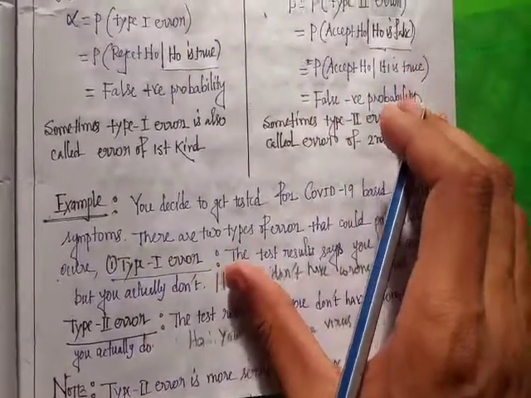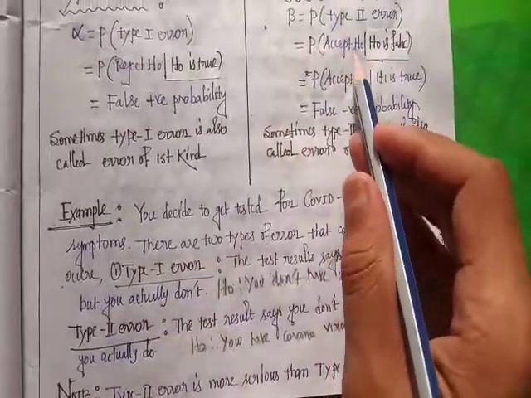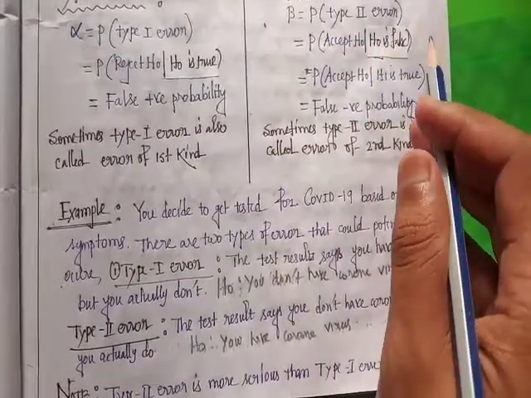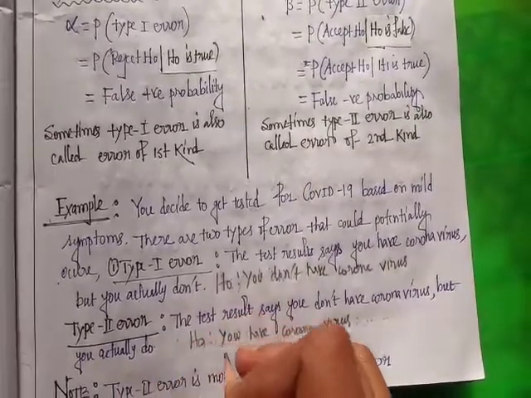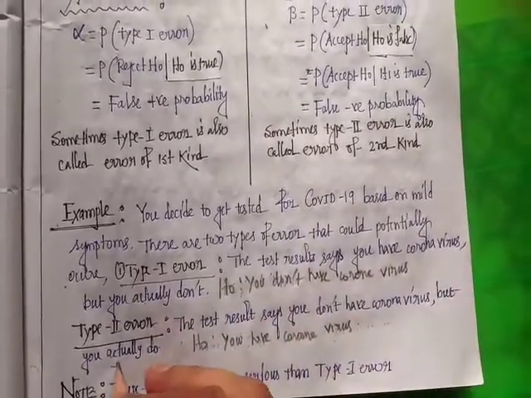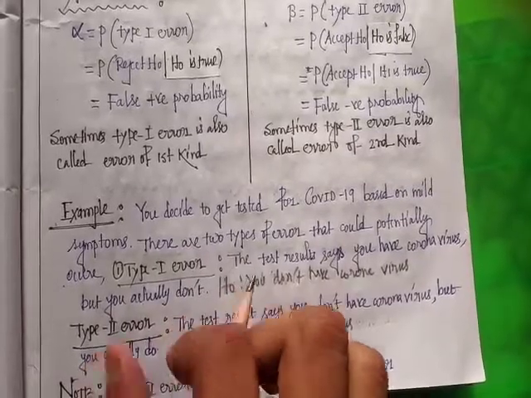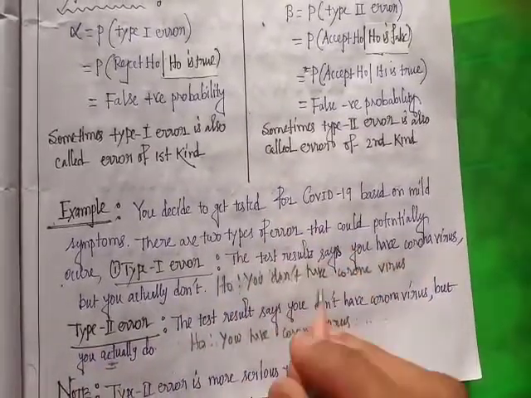So type 2 error means accept H0 when H0 is false. Here the actual, correct decision is you have coronavirus, but the false decision is you don't have coronavirus.